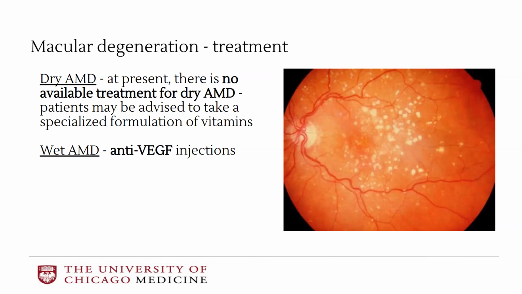And those injections are broadly known as anti-VEGF, and that's another acronym, vascular endothelial growth factor, VEGF. VEGF causes blood vessels to grow. So anti-VEGF causes those blood vessels to go away, or at least to stop leaking.